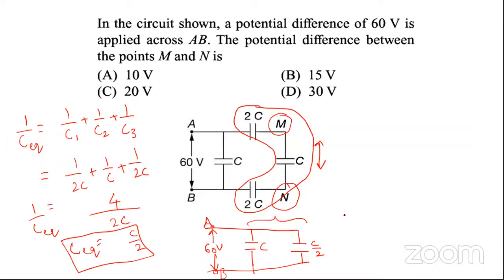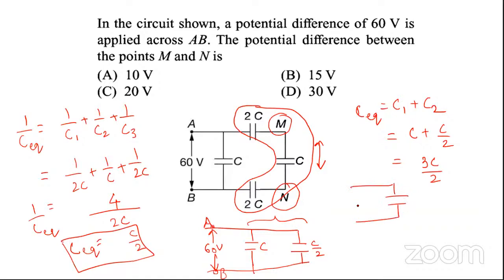So for parallel combination, equivalent capacitance is just simply the addition of both of them. That gives us 3C by 2. So the structure finally comes out as 3C by 2 and a 60 volts given at its ends.